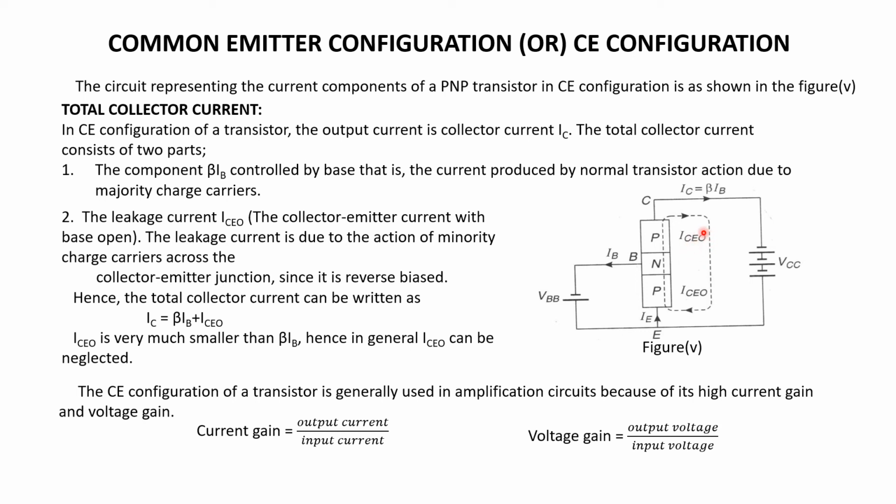Here also, this leakage current is very small when compared to the current due to majority charge carriers. Hence, ICEO can be neglected. So, a transistor in CE configuration is generally used for amplification in the circuit because in CE configuration, the current gain and voltage gain both are greater.